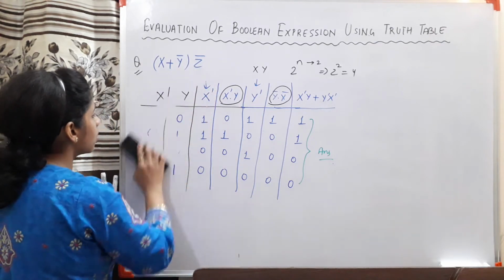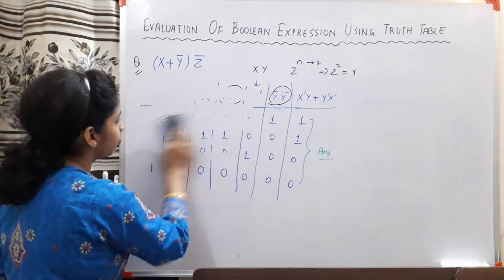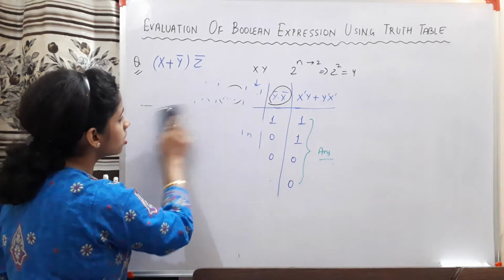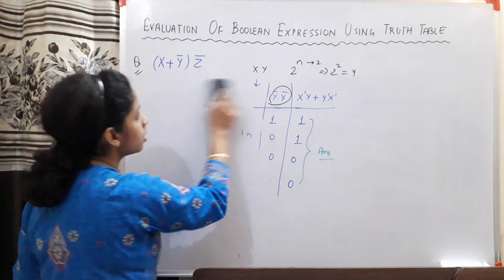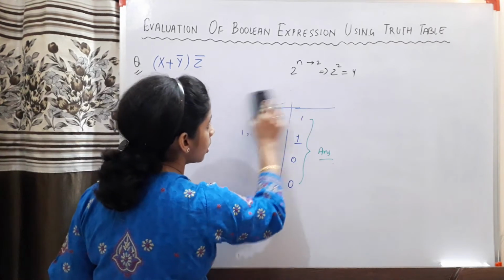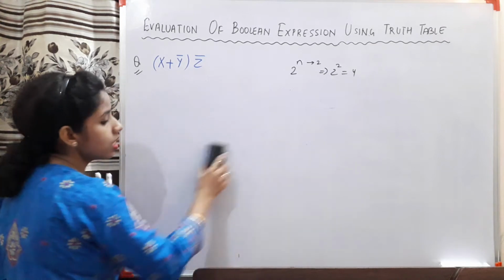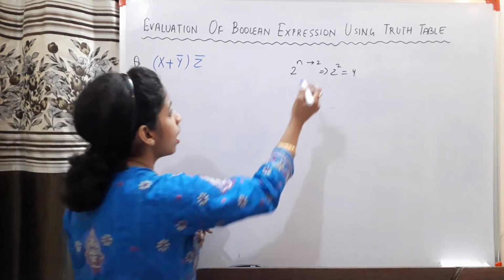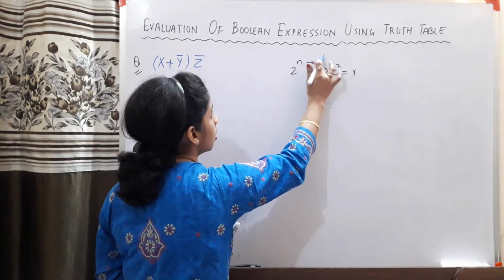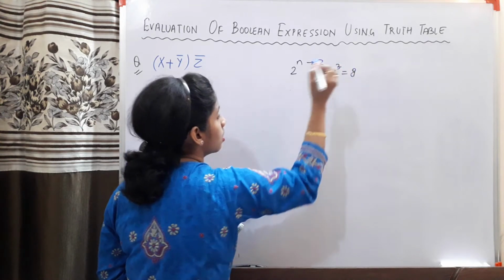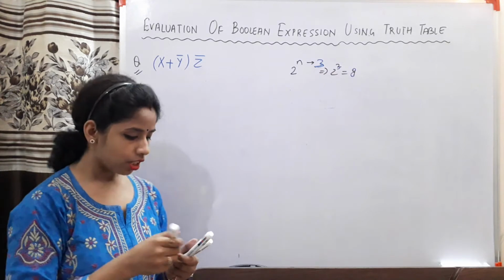So if this is the case, then what will happen? You will have 3 variables in the input combinations, and therefore 3 variable means 2 raised to power 3, and 2 raised to power 3 means 8. So this time your truth table is going to have 8 combinations, right? So let us solve it.